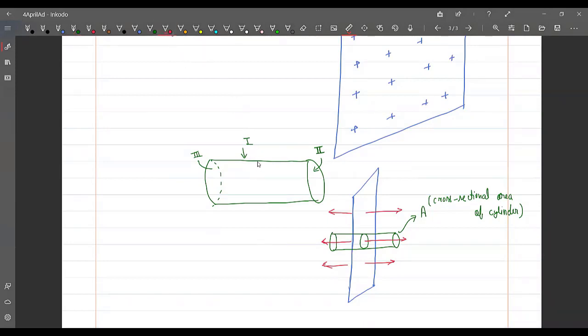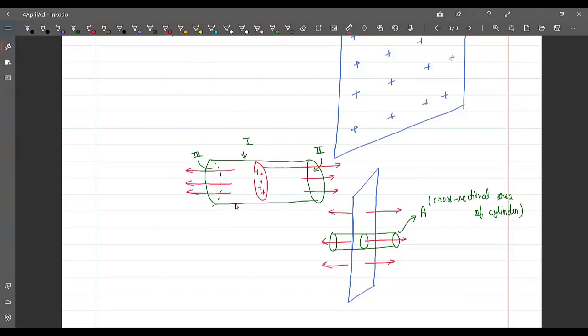If I draw the electric field line, let us say the positive charge is enclosed over this, like this, and electric field will be radially outwards. It will be away from the charge.